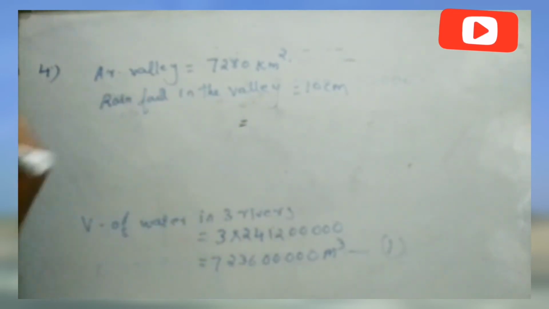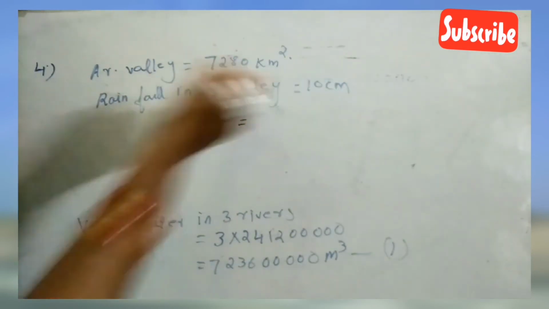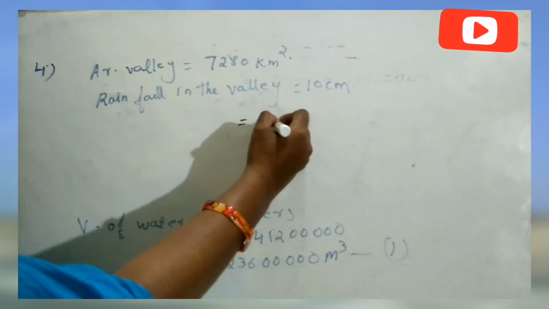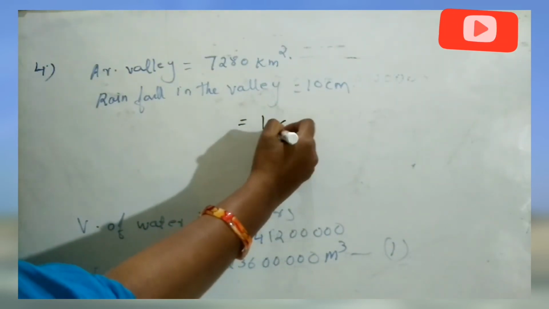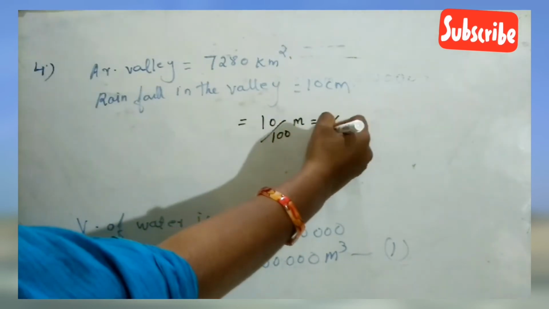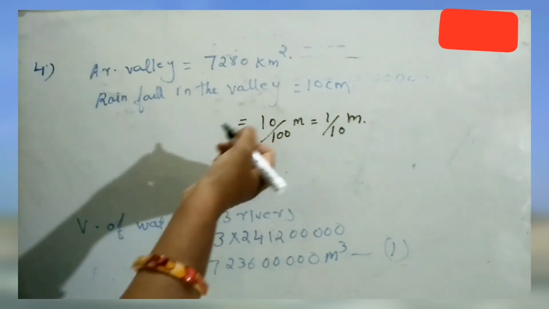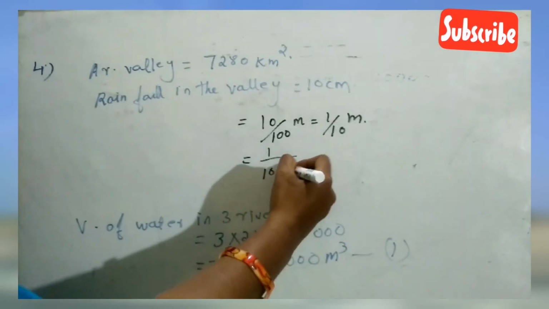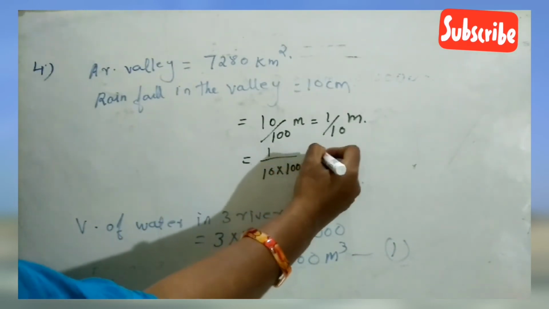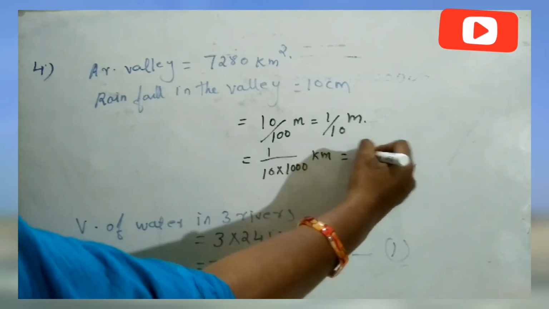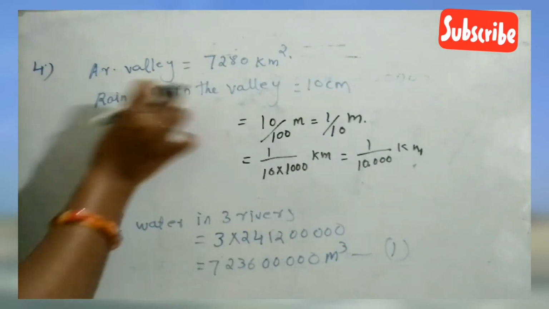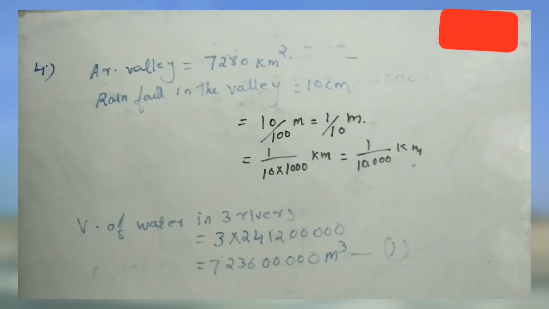This is in kilometer, so I'm going to convert this 10 centimeter into kilometer. That is 10 by 100 meter, that is equal to 1 by 10 meter. Now this is equal to 1 by 10 into 1000 kilometer, that is equal to 1 by 10,000 kilometer. So the rainfall in the valley is equal to 1 by 10,000 kilometer.